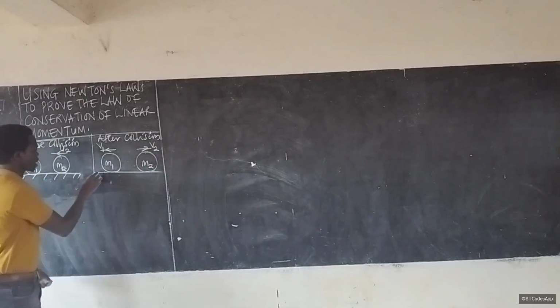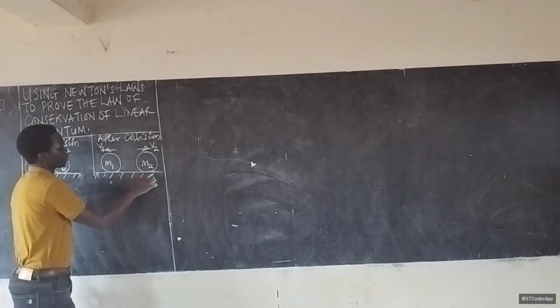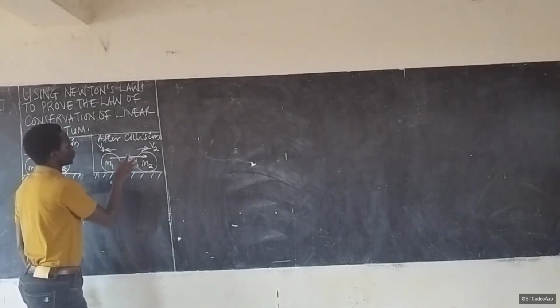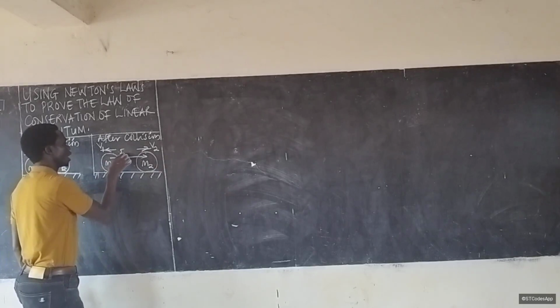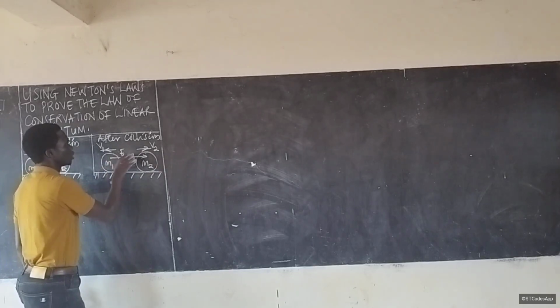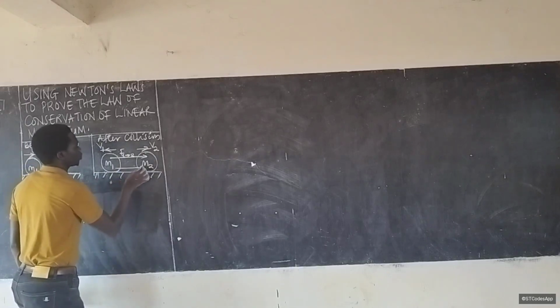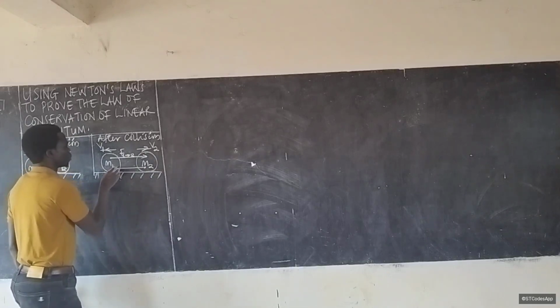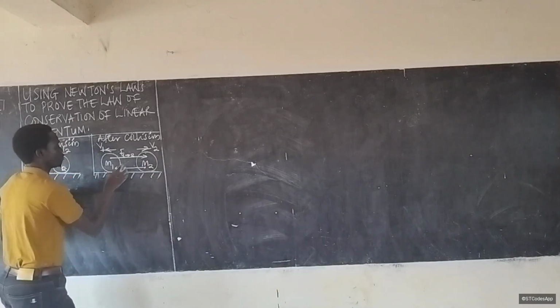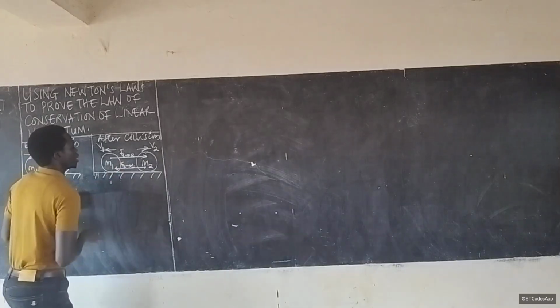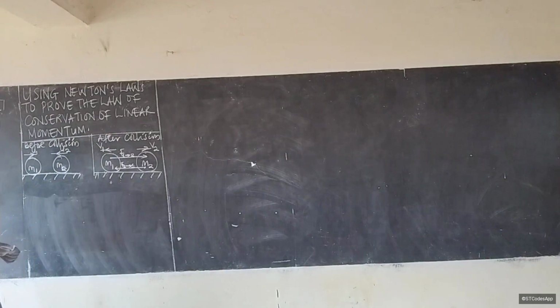You realize that in the process of impact, body m1 applies a force F1 on body m2. Then m2 in turn also applies a force F2 on m1. These two forces are equal, but they act in opposite directions.